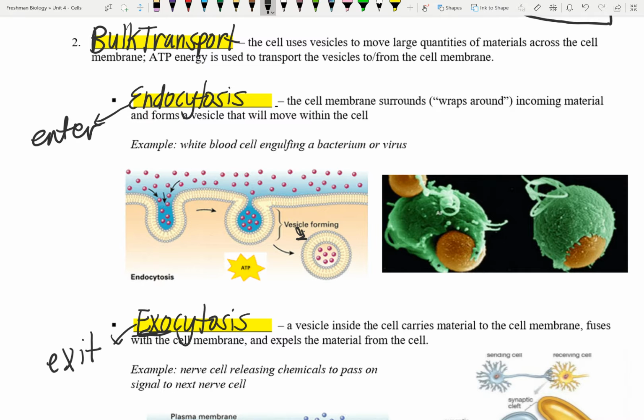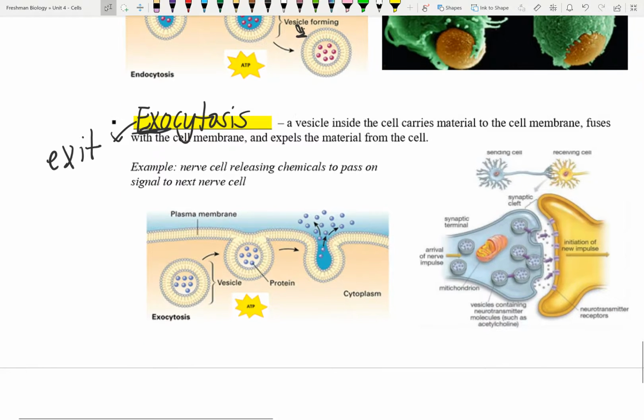So here we have a large quantity exiting the cell at one time. And it's kind of the reverse. If you were to rewind endocytosis, it would look a lot like exocytosis. So here the vesicle travels to the cell membrane, fuses with the cell membrane, and then the material gets released outside of the cell.